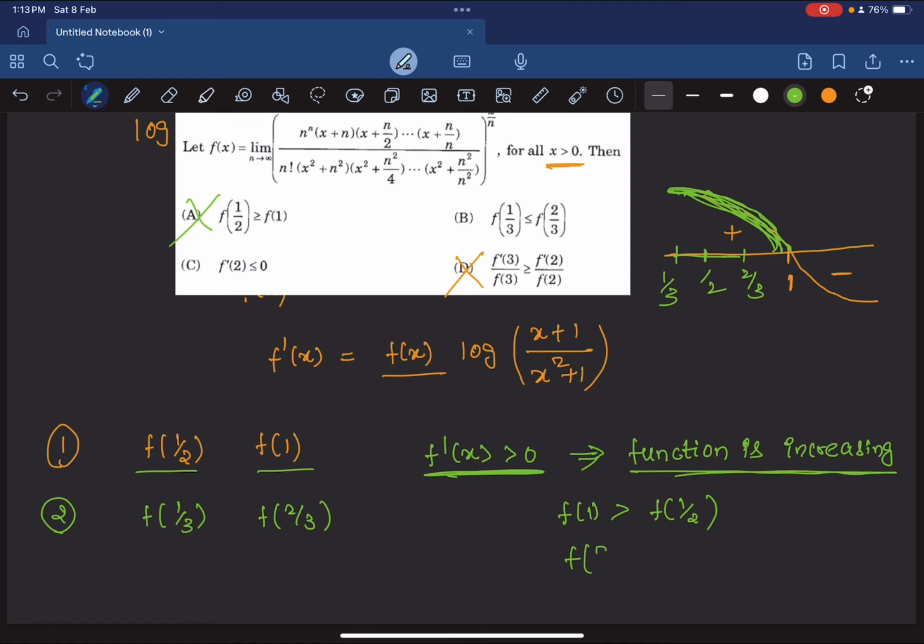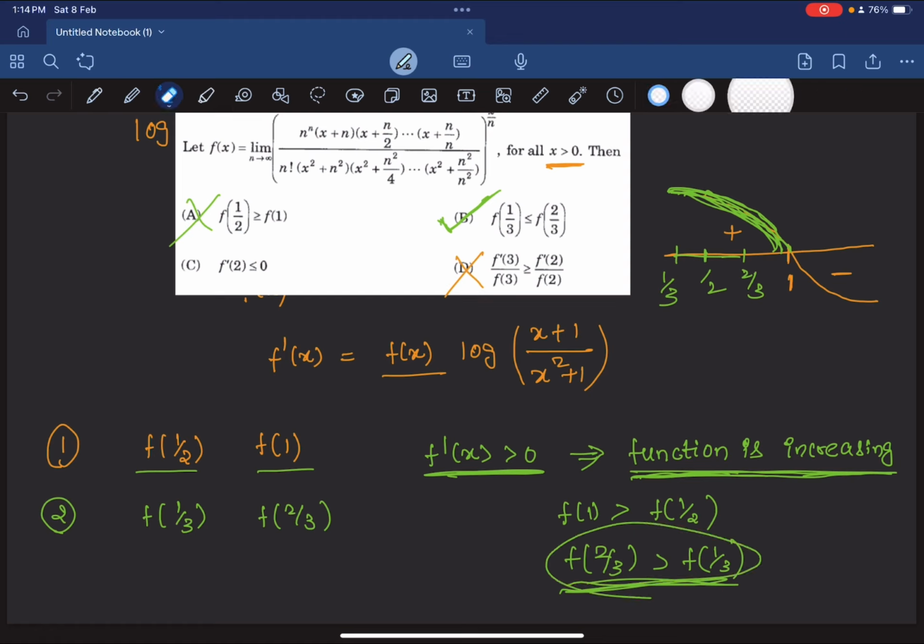Therefore, f(2/3) is greater than f(1/3). So the same thing is given in the options. So option B is correct. It is less than or equal to, so since we have this condition getting satisfied, we can mark it correct.